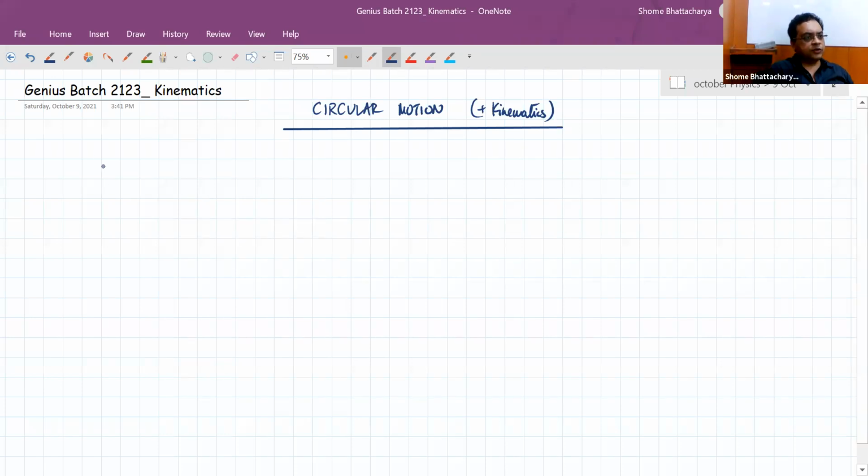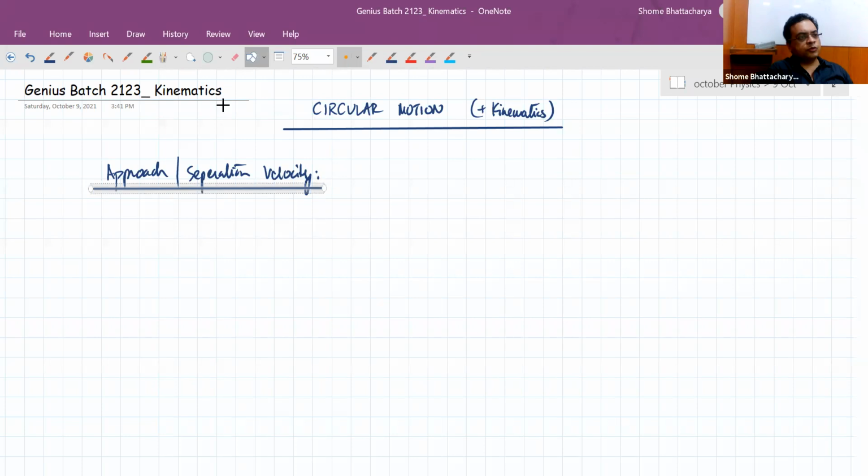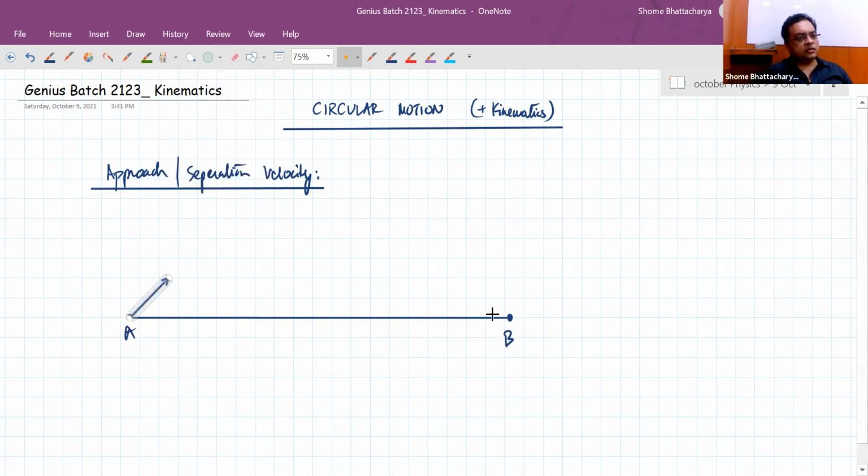So let's quickly review that concept of approach and separation velocity from last time. What we've seen is that if we have two particles or two objects, at a particular instant they are positioned with respect to each other like this, and they're moving, let's say, with velocities with respect to ground frame, like this.